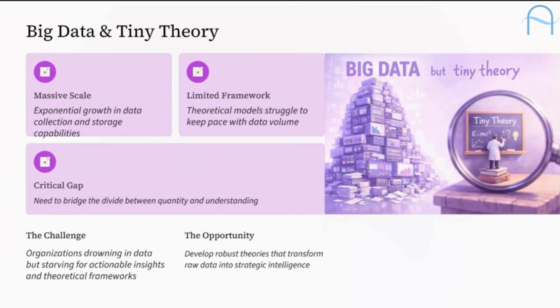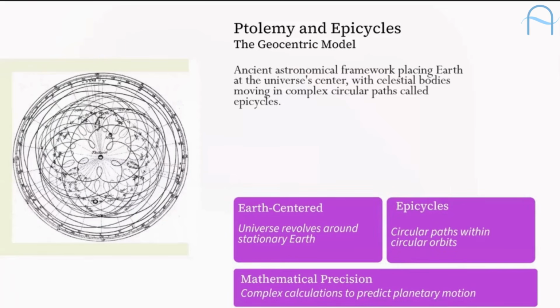Because of this tendency to simply collect data for its own sake, people don't ask questions like why and why not as often as they should. And therefore, on one hand, you have big data, on the other hand, you have tiny theory. Theory is not rich enough to capture all this data.